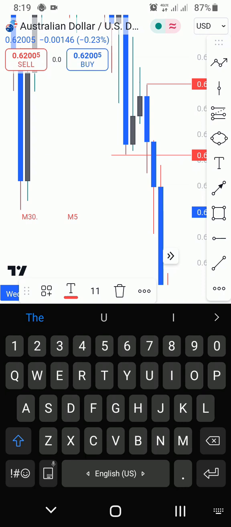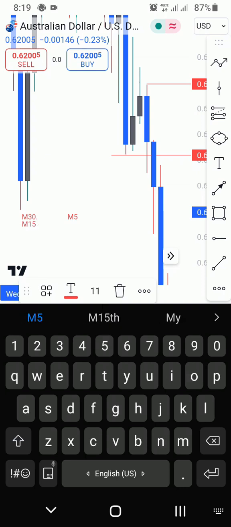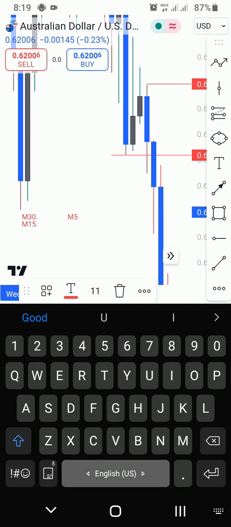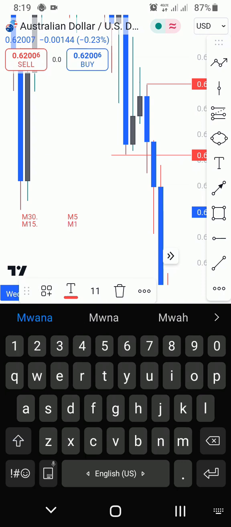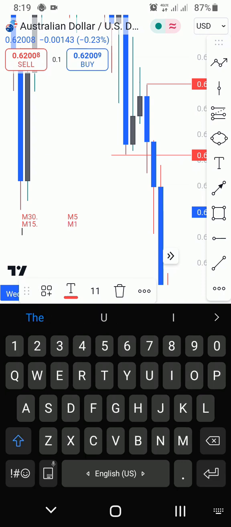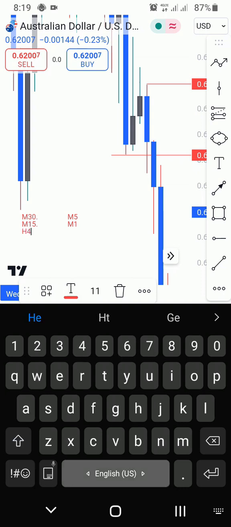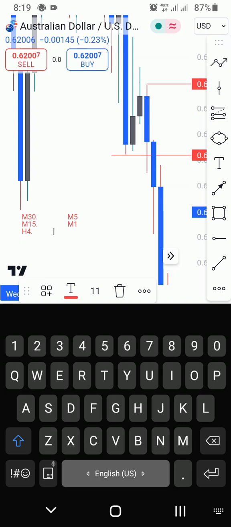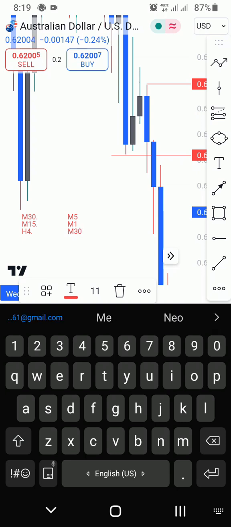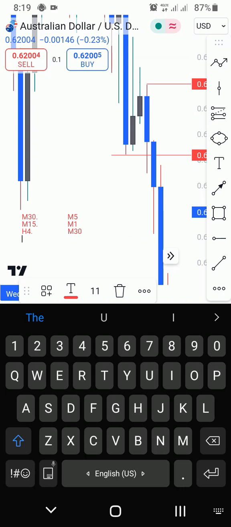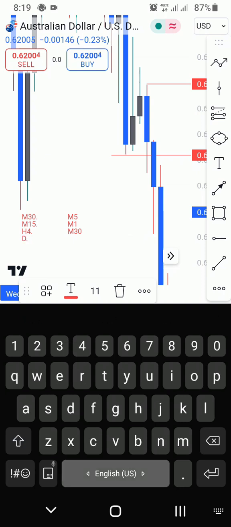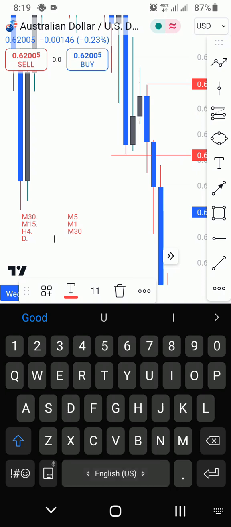If our constant is M15, our S1 shall be M1. If our constant is H4, our S1 shall be M30. If our constant is daily, our S1 will be H1.